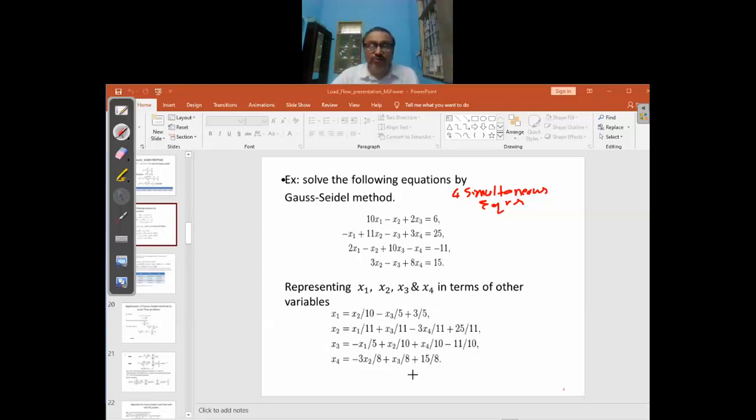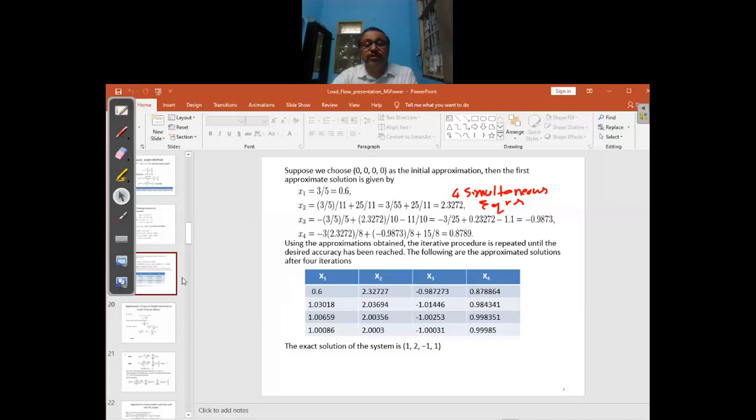And in this case also we proceed in exactly the same way that we had done. So we start with the initial guess of 0, 0, 0, 0.